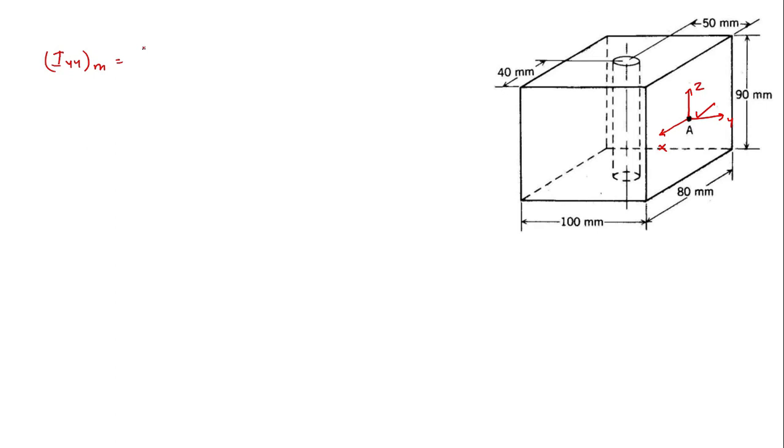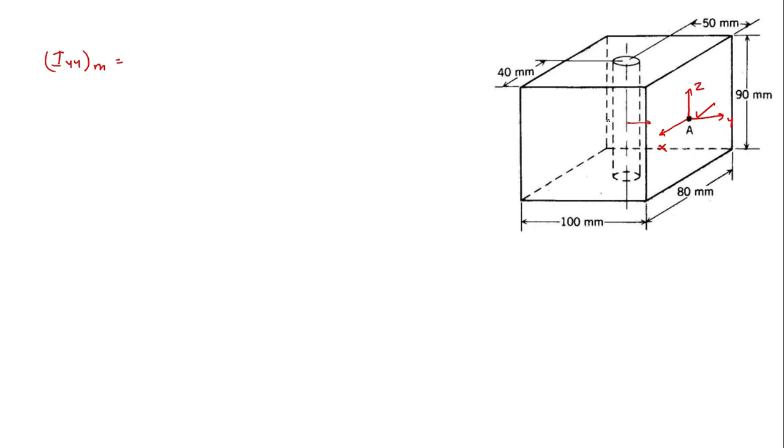Now first I find the moment of inertia due to the solid slab, with respect to an axis that passes through the center of this point here. This axis will be the same as this axis. This is one single axis that passes through this point here.